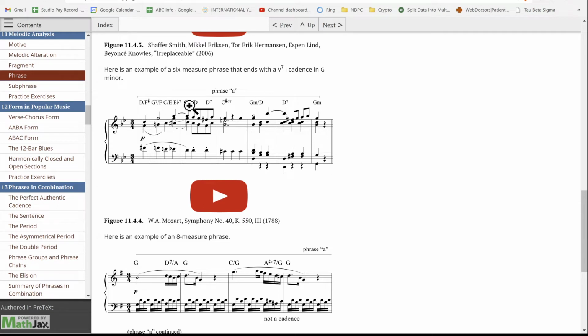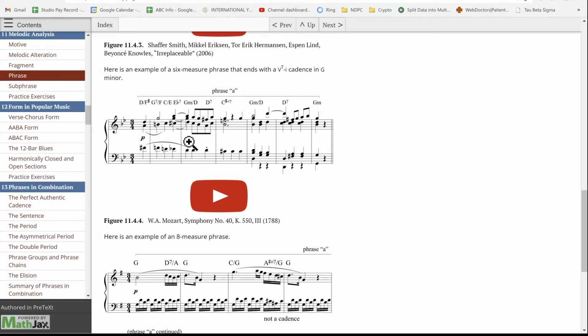So a longer phrase idea. Here's another example of a nice long phrase. Let's take a listen to this one here. Okay, so you could argue that this is a phrase here. Bum bum bum ba da da da dum.